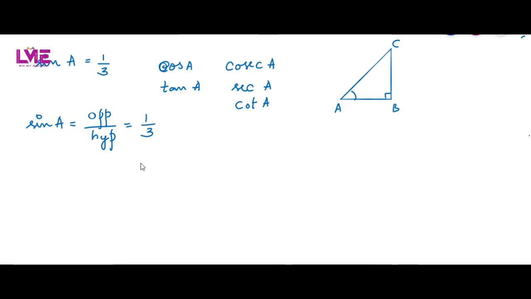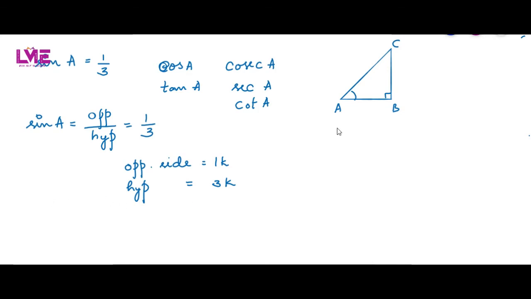So we can take the opposite side as 1k and hypotenuse side as 3k, because since this is a ratio, we can have any equivalent value, such as 2 by 6. So since this is a ratio, let us attach a positive number to this. So 1k I can take and hypotenuse I can take as 3k.